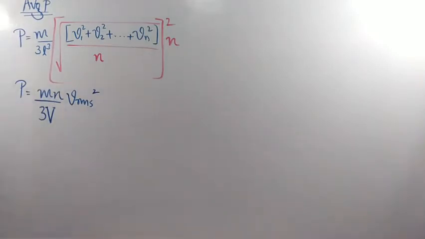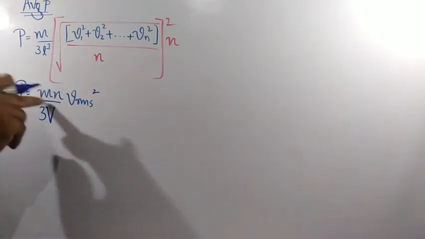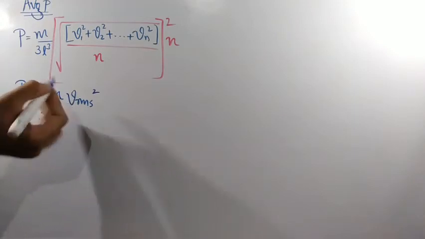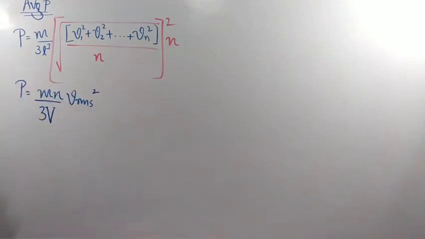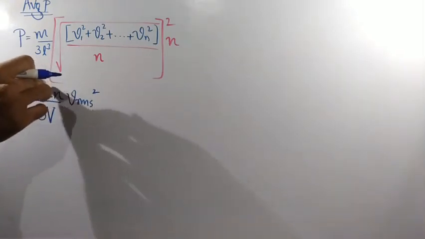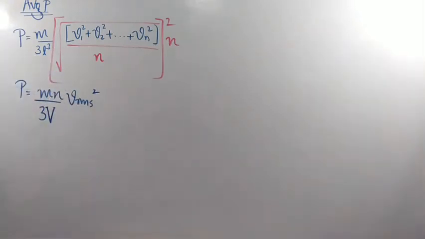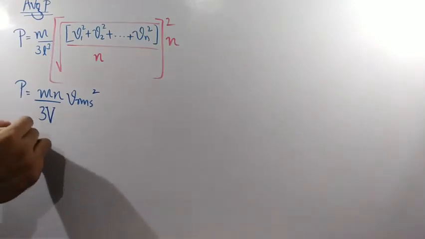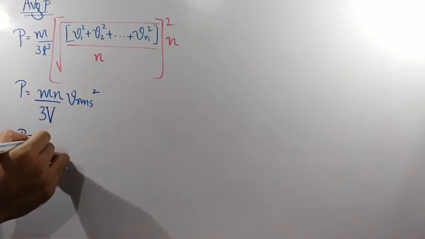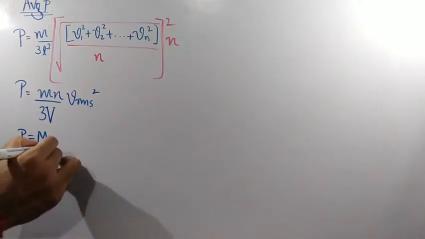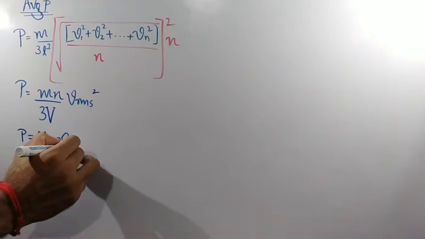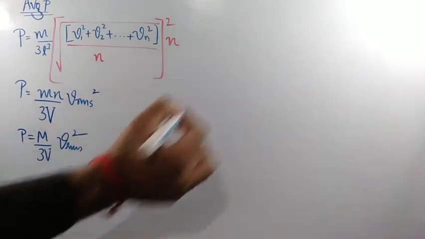Okay, this is volume, this is velocity. Now, m into n, that means small m into small n: n is the number of molecules, and m is the mass of each molecule. So number of molecules times mass of each molecule gives the mass of the total gas, which we write as capital M. Capital M by 3 times V into VRMS square.